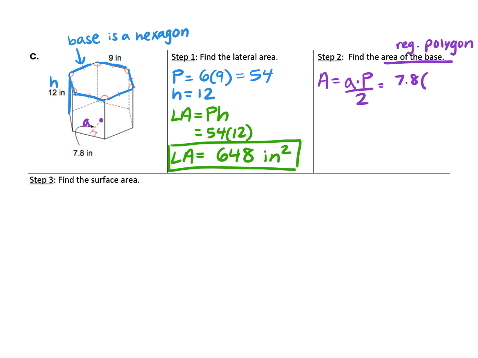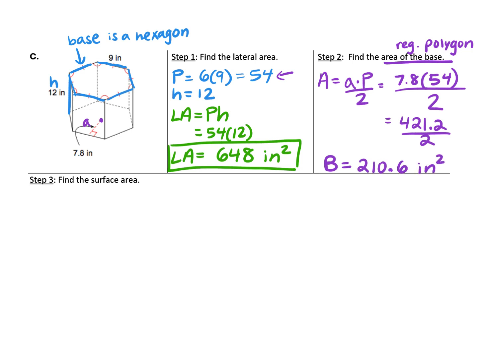We already calculated the perimeter here in step 1. So 7.8 times 54, and then we'll divide that by 2. First, type 7.8 times 54 into your calculator, and when you do that, you get 421.2. Then click divide by 2, and it'll give you the area of the base. So the capital B is 210.6, and it would be inches squared.